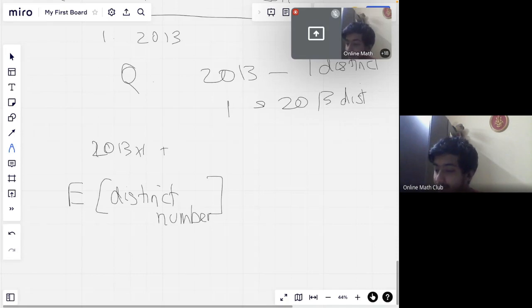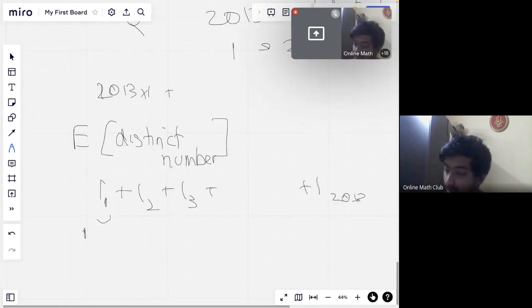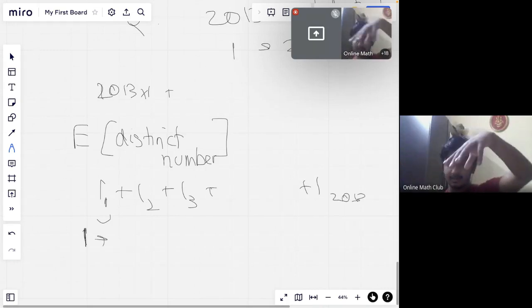So, the expected number of distinct numbers. Let's set up an indicator variable for each number. I'll talk about an easier way too, but let's just do the linearity of expectation. I1 is 1 if 1 is in the set.